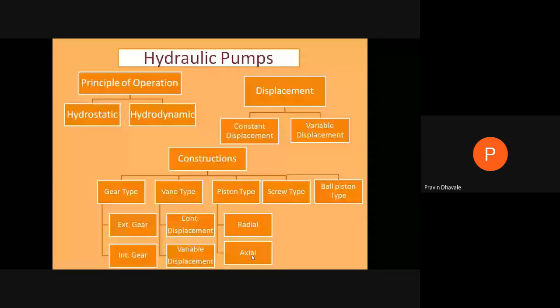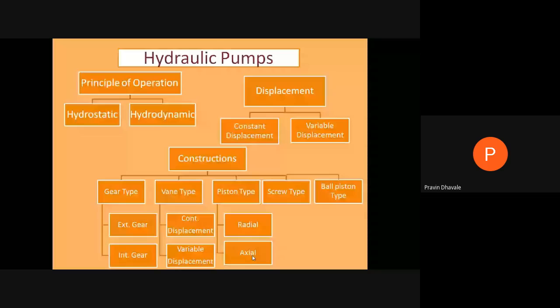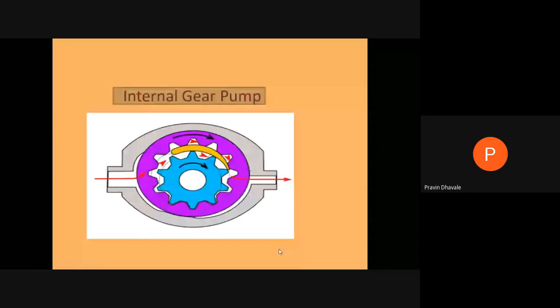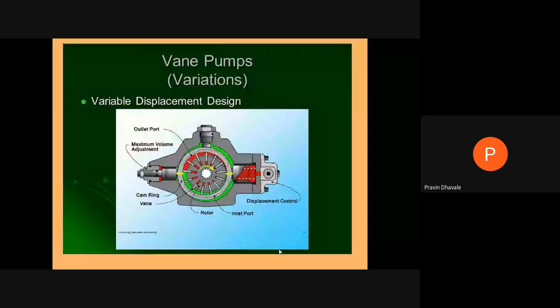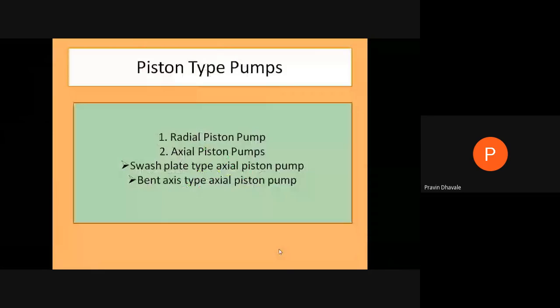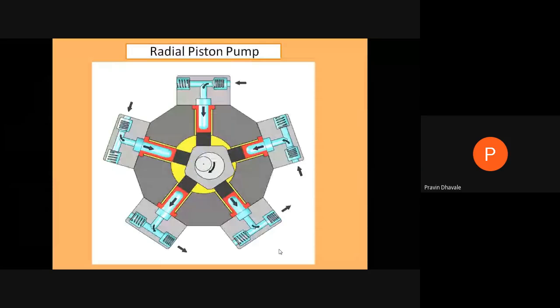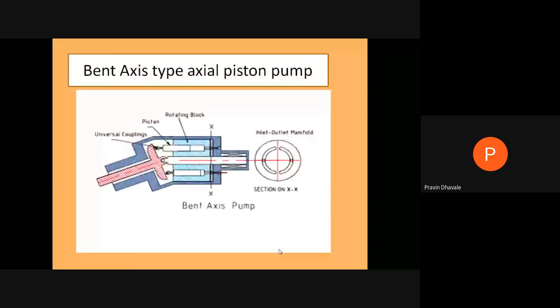In axial piston pump, there will be split and bent axis drive provided, and a screw type pump we have studied in detail. All these pumps we have studied in detail, their working, construction, and application, right?